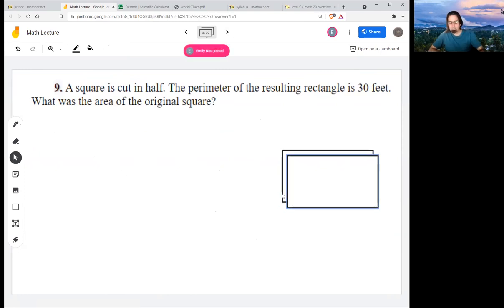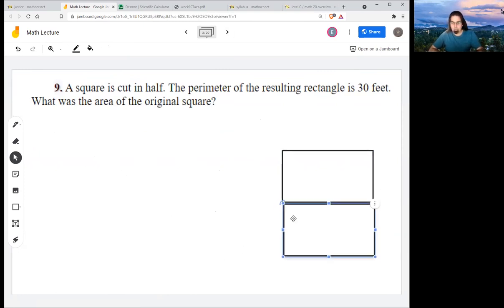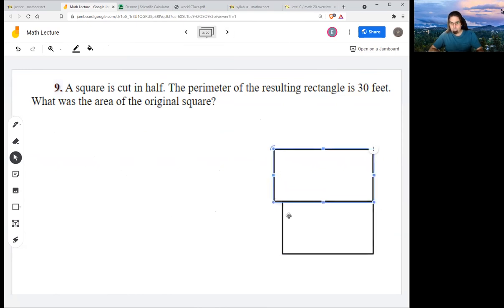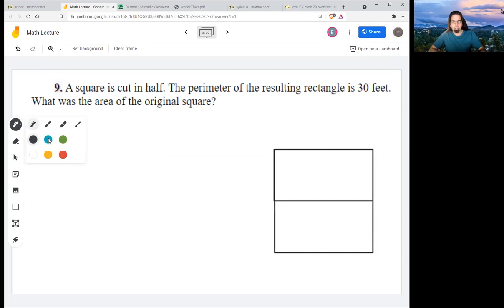Okay, so here we have a square. Make this look a little bit more like a square. It's cut in half. And the rectangle that we get has a perimeter of 30.